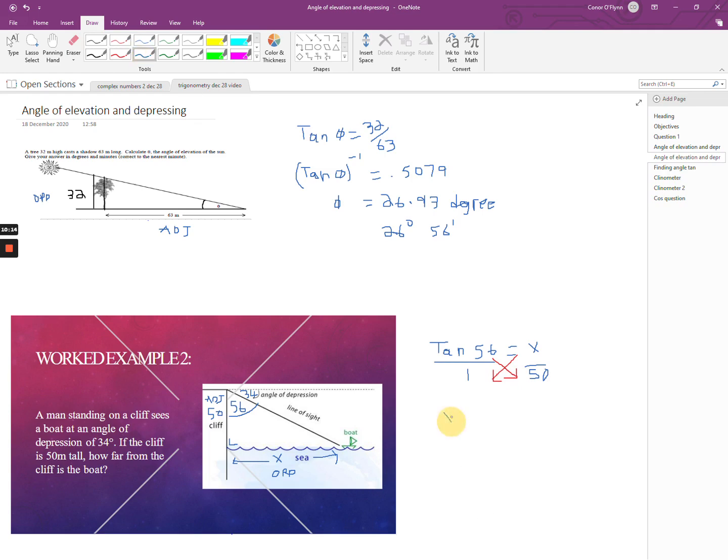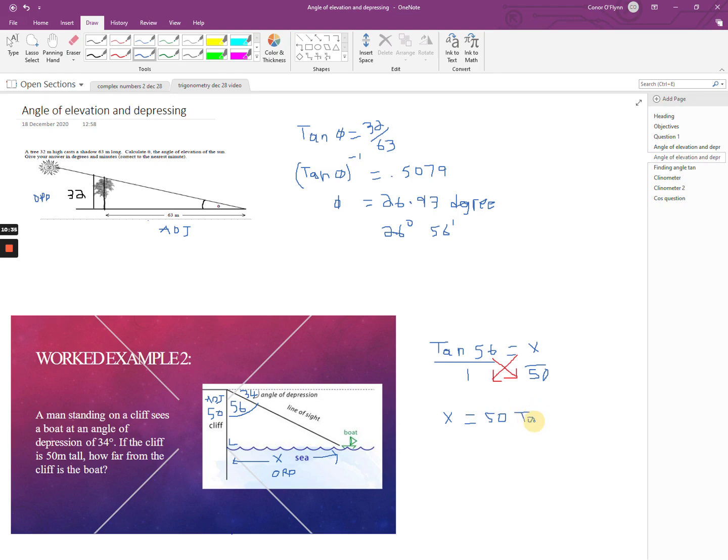So that means x equals, now I'll put the 50 before the tan, because some students will go tan 56 multiplied by 50, but that means you're just multiplying the degrees by 50. It just messes it all up. So just get a good habit: put the number first. It's 50 multiplied by tan 56, and tan 56 stays together.